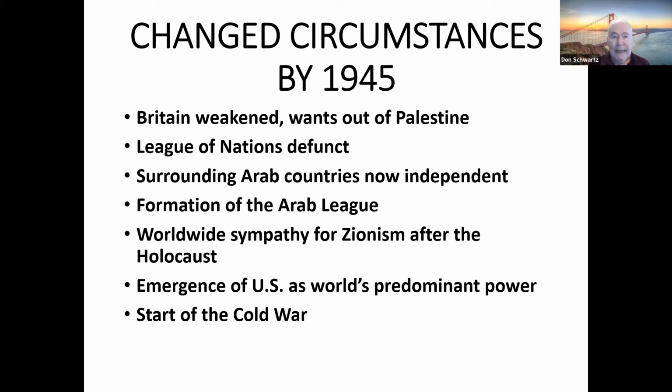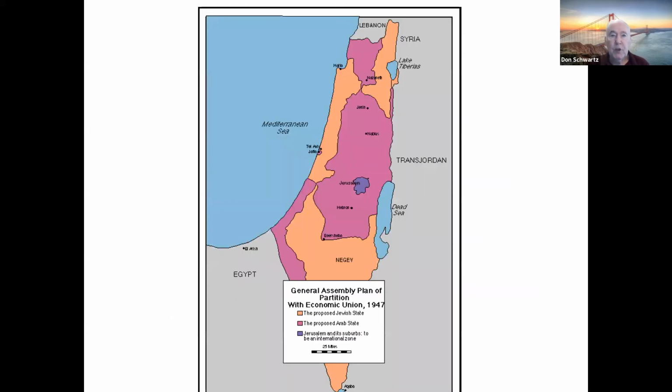So by 1947, Britain invited the newly established United Nations to come up with a solution to the Palestinian problem. In September of 1947, the UN proposed to partition Palestine into a separate Jewish state and a separate Arab state.